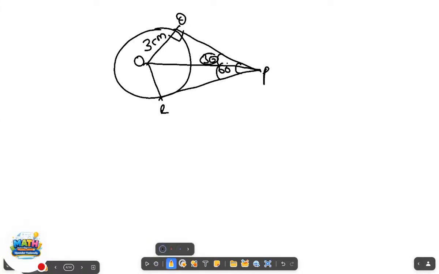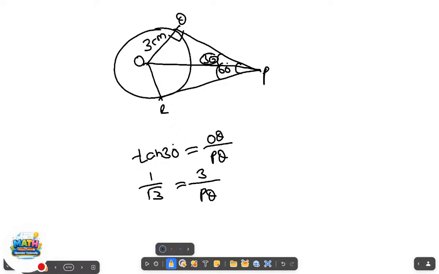If you apply tan 30 degrees in triangle OQP, OQ is the opposite side and PQ is the adjacent side. So tan 30 is 1 by root 3, which equals OQ, 3 centimeters, over PQ, which is what we have to find.